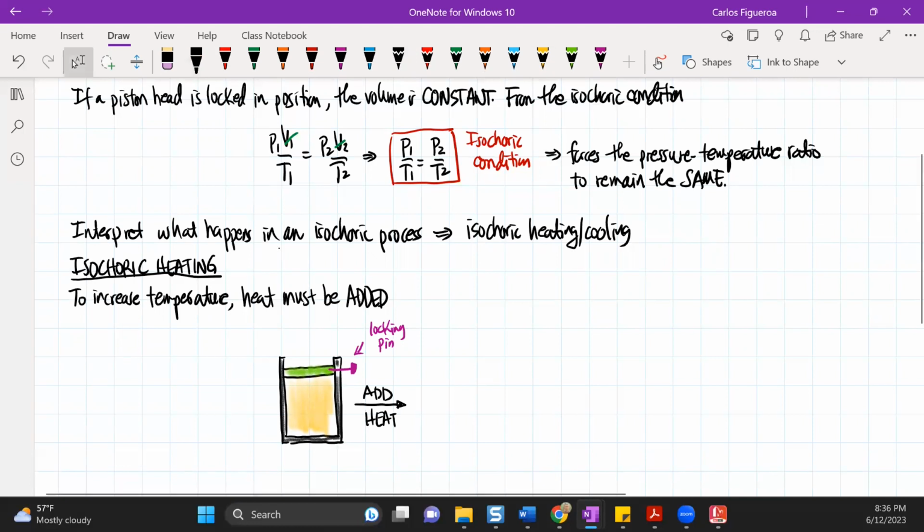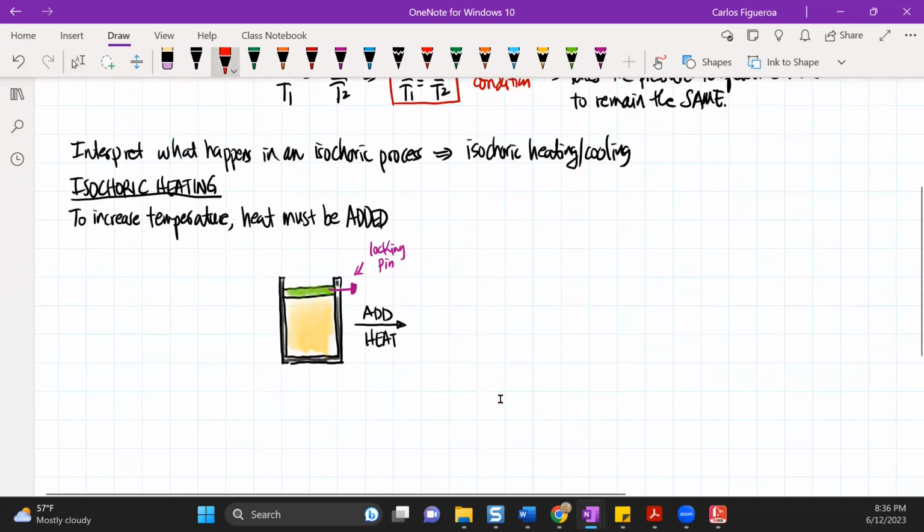So what should happen here? How am I going to add heat? Well, I need an external source. So I'm going to have a heat source that then goes something like this.